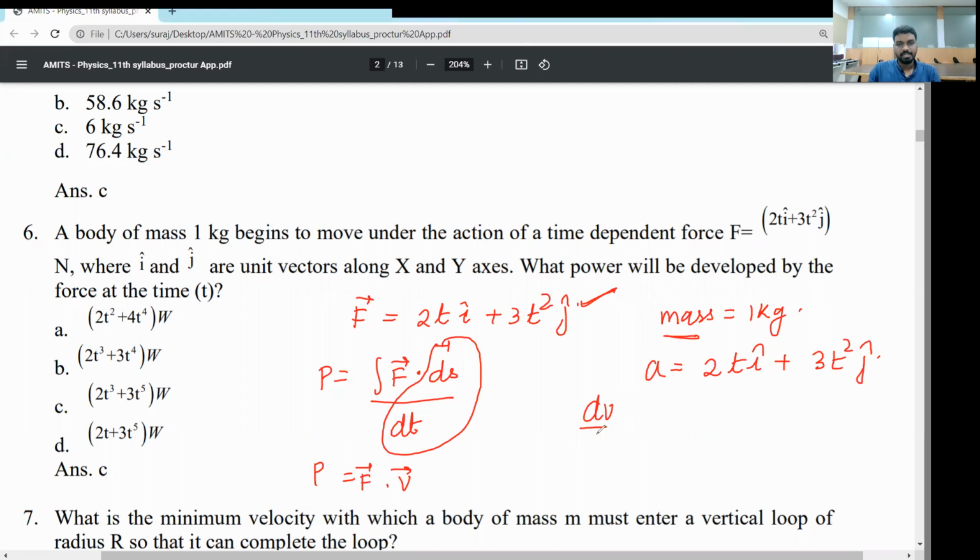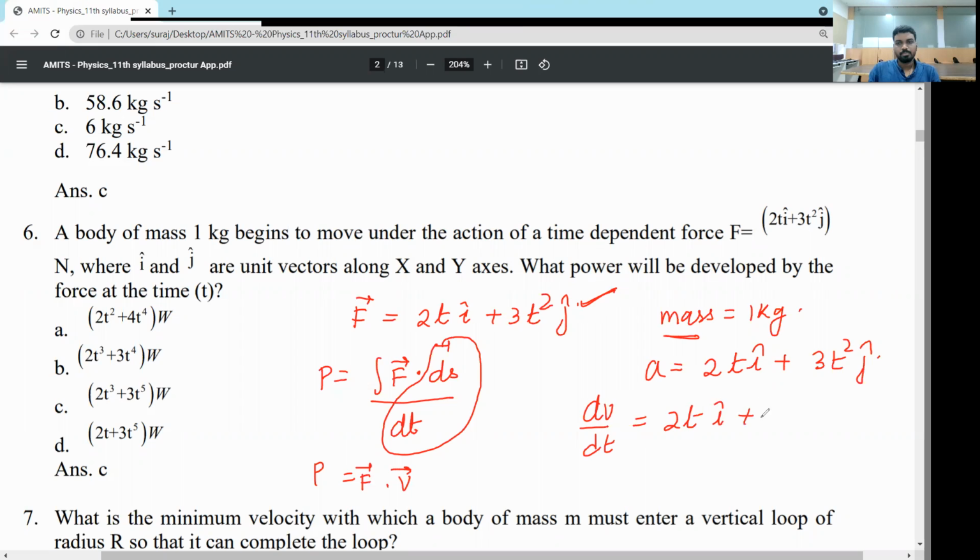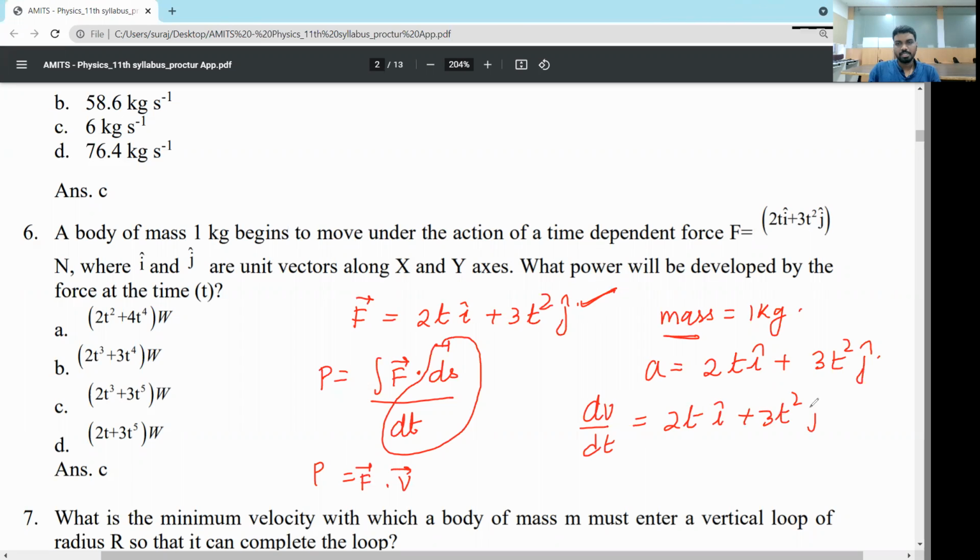This is dV by dt equal to 2t i cap plus 3t square j cap. So integrating dV, directly I'll solve it. This becomes 2t square by 2 plus 3t cube by 3. 3 gets cancelled, 2 gets cancelled.